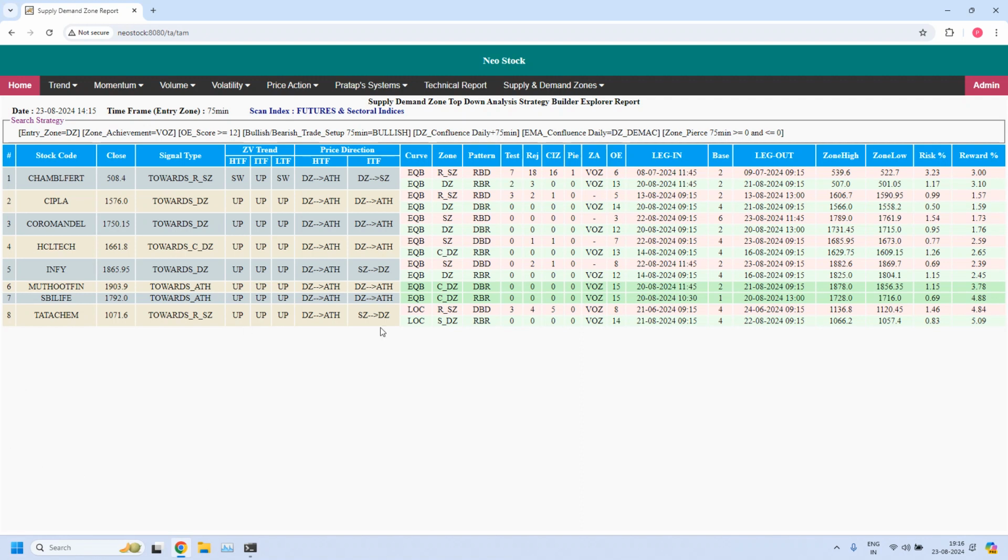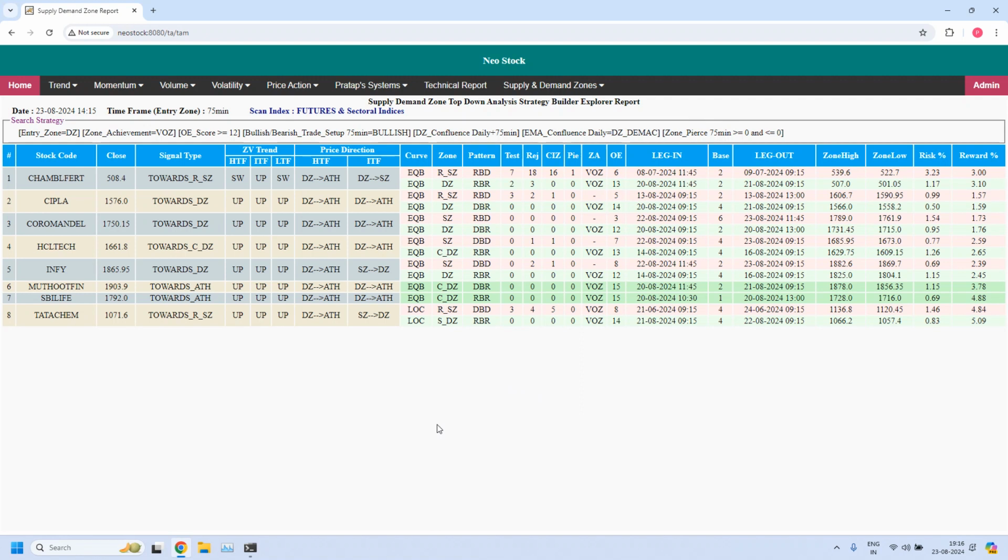So focus on these stocks. Okay, this is about the bullish trade setup for weekly income trade with all the confluences, that is EMA and LTF and ITF confluence.